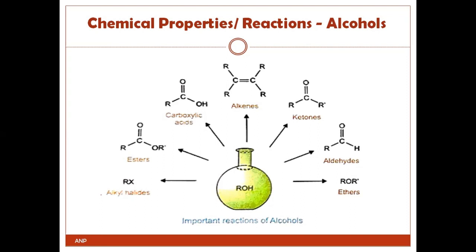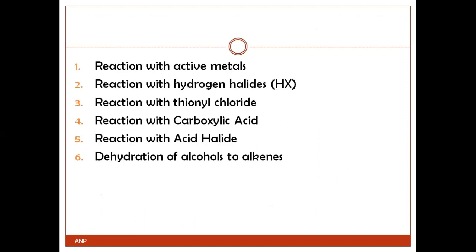Chemical properties or reactions of alcohols. These are some important chemical reactions of alcohols: reaction with active metals, reaction with hydrogen halide, reaction with thionyl chloride, reaction with carboxylic acid, reaction with acid halide, and dehydration of alcohols to alkenes.